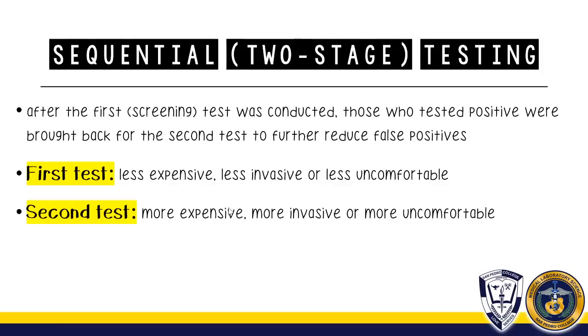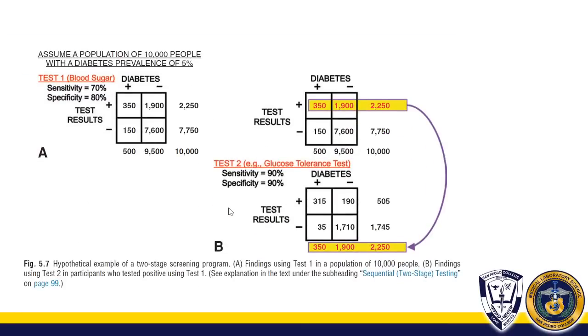Now, ako na siyang i-emphasize further by looking at this example. So, ingani ang way of computing when you are using the net sensitivity and net specificity when you are using a two-stage testing. So, assume a population of 10,000 people with diabetes prevalence of 5%.